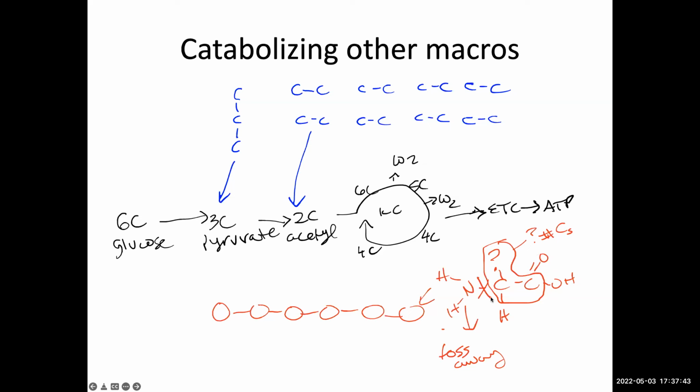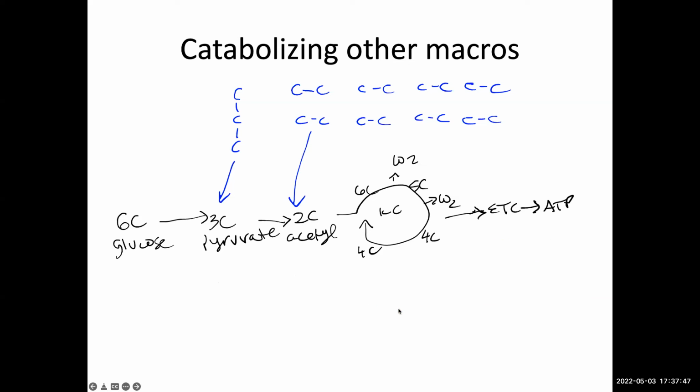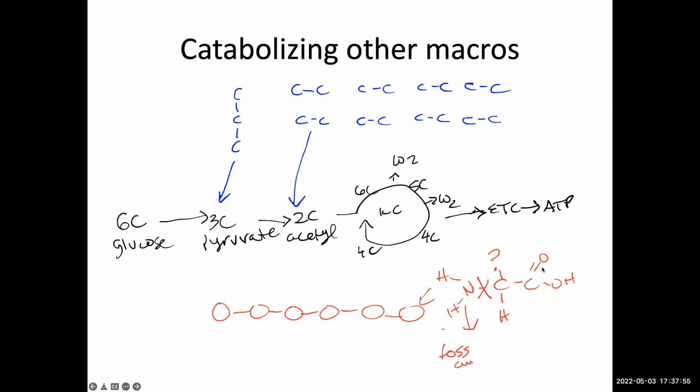The first thing we have to do, and let me just see if I can get this to back up. There we go. Is we've got to chop these amino acids so they're separate from each other. And then we actually deaminate, remove, lop off, chop off the amino group and throw it away.